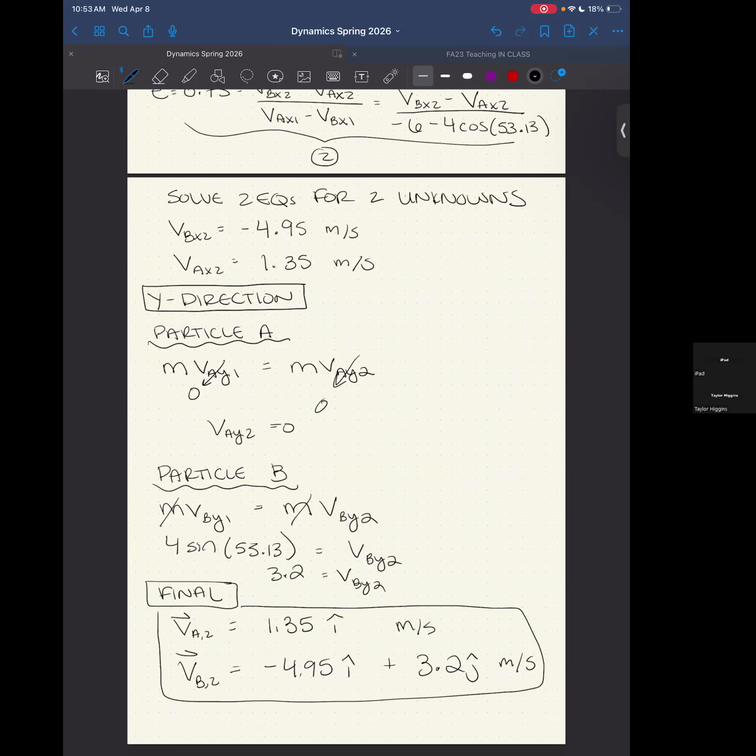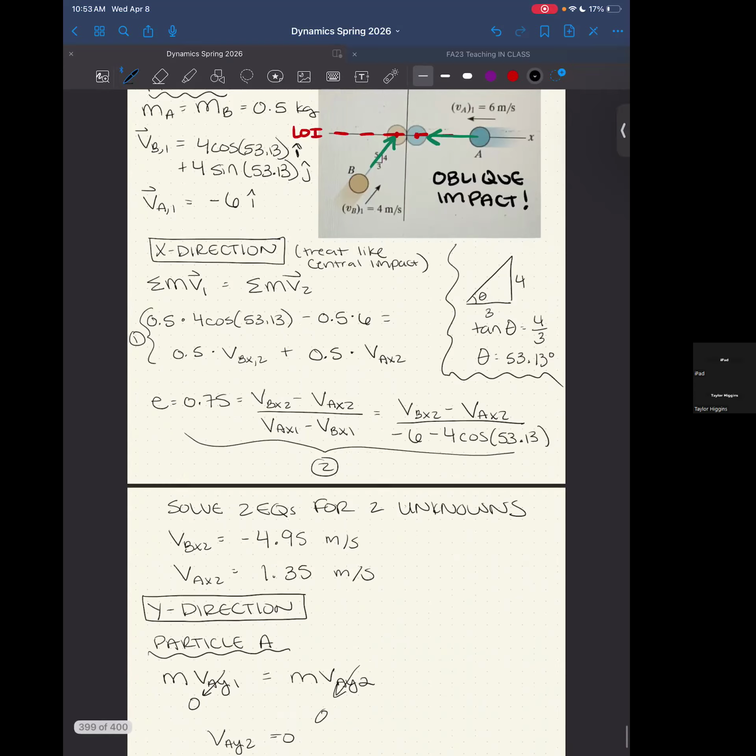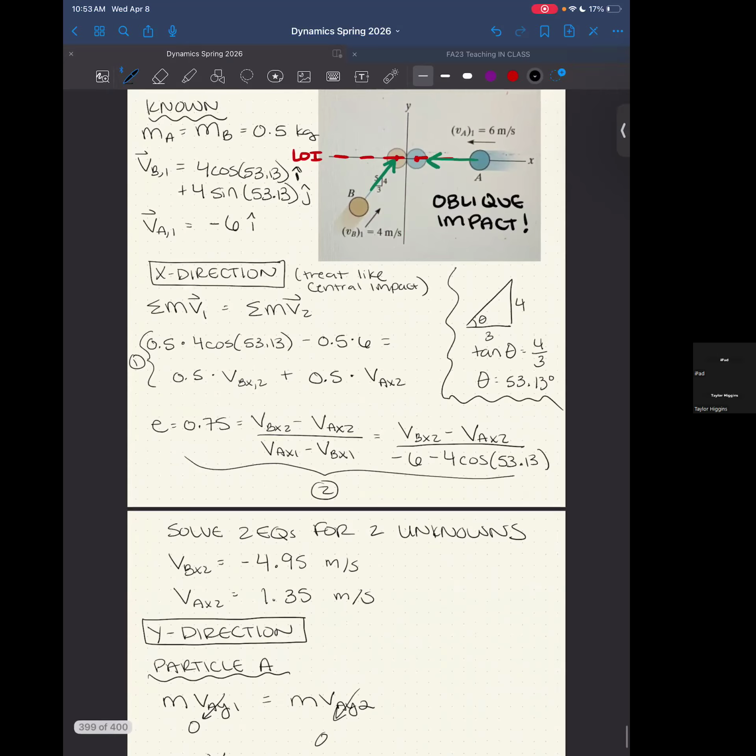So to solve the two equations for two unknowns, how can you plug one equation into the other if you have both BX2 and AX2 that are not filled out in both equations?